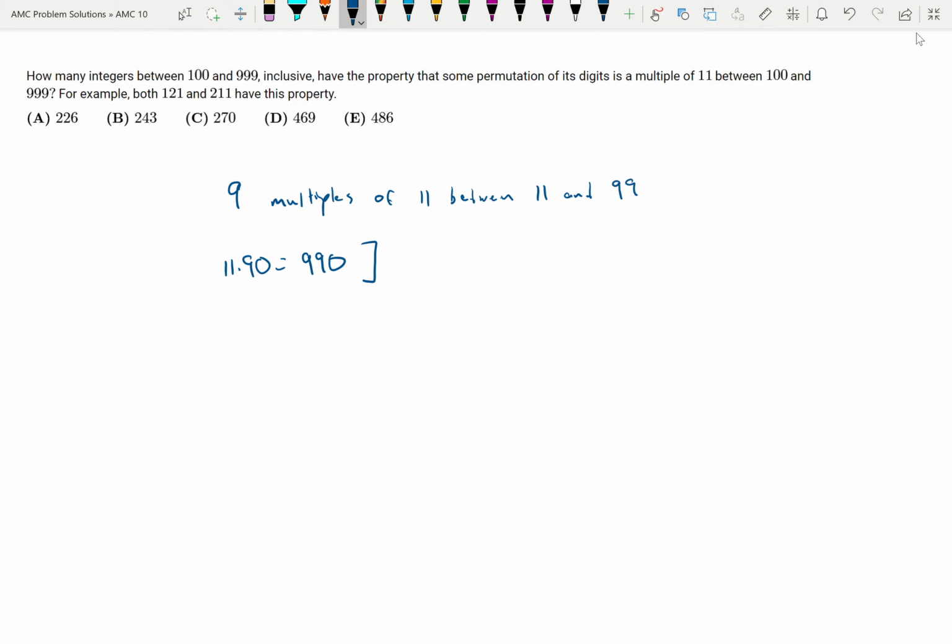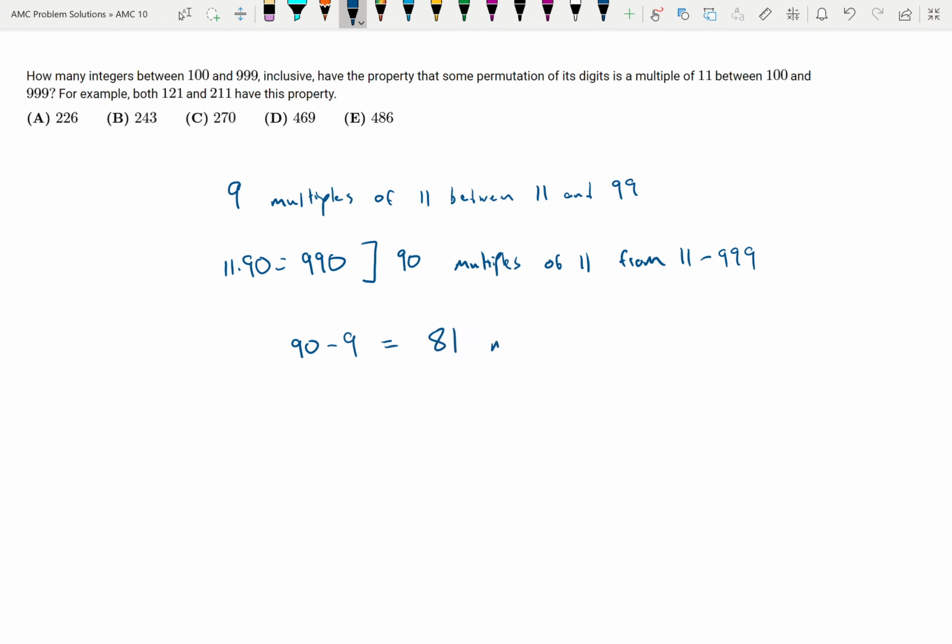So therefore, there are 90 multiples of 11 from 11 to 999. So the number of multiples of 11 between 100 and 999 is just 90 minus 9.